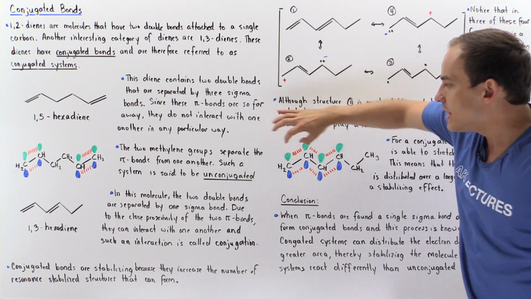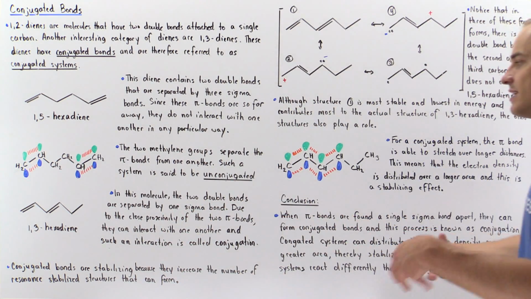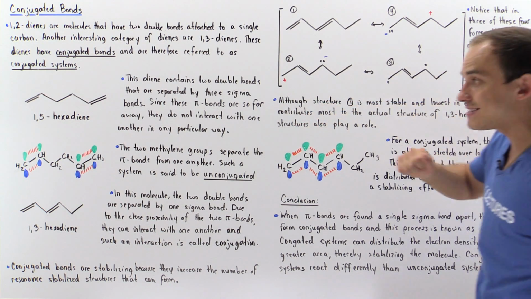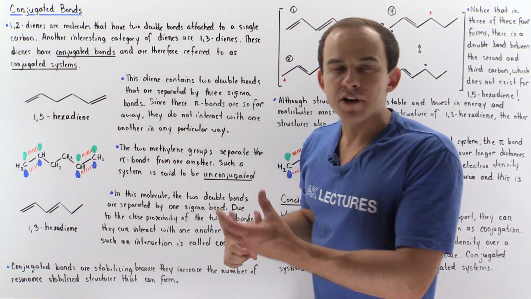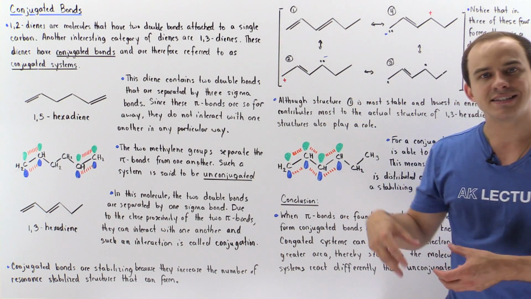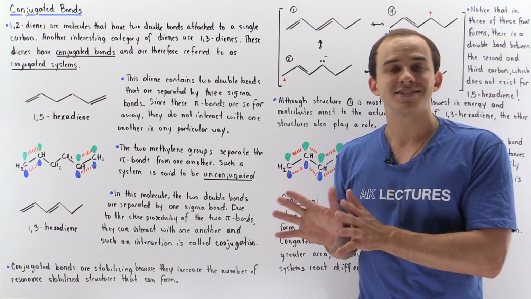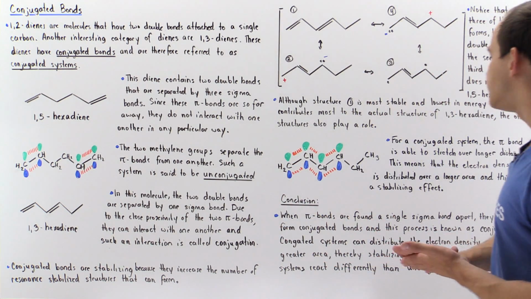So we see that our electron density will basically be distributed over this entire region instead of only these two regions. And whenever our electron density is distributed over a larger area, that is a stabilizing effect. This comes from quantum mechanics.